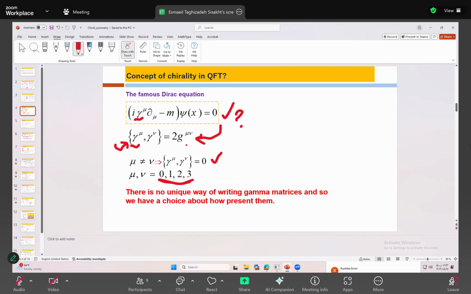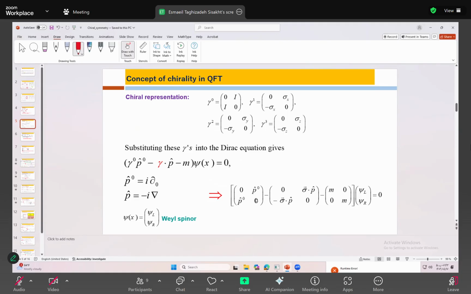When we want to satisfy these constraints, there are a lot of choices to define gamma 1, gamma 2, gamma 3, these matrices. There is not just one way to define these matrices, there are many ways.